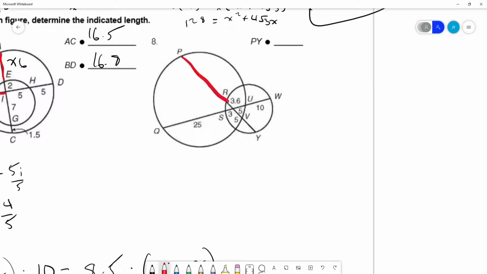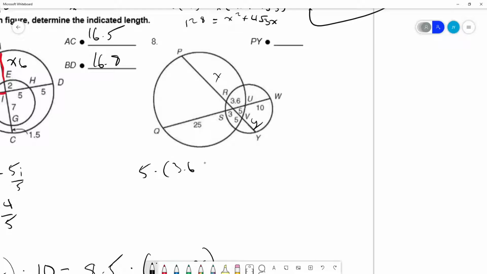So we're looking for PY, and we're going to have to find PR and VY. We can start with either the bigger circle or the smaller circle, it doesn't matter. I'm going to start with the bigger circle using the chord product theorem. It's going to be 5 times 3.6. I'll make this x, make this y.